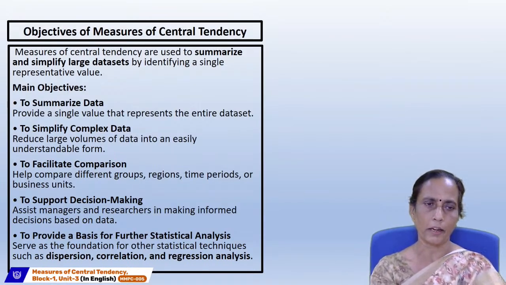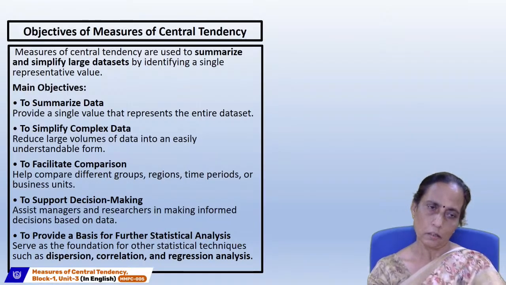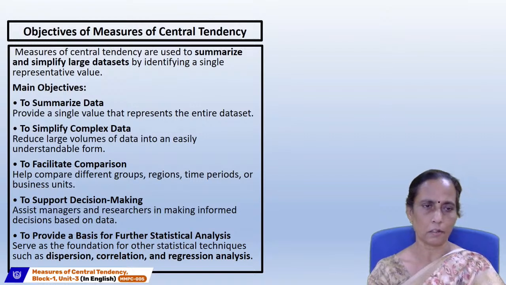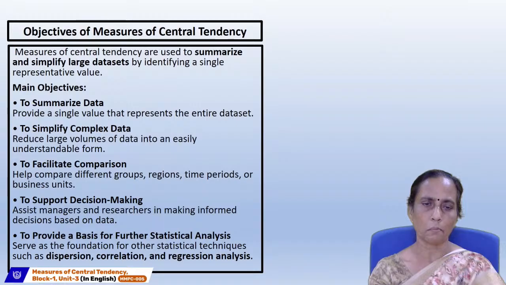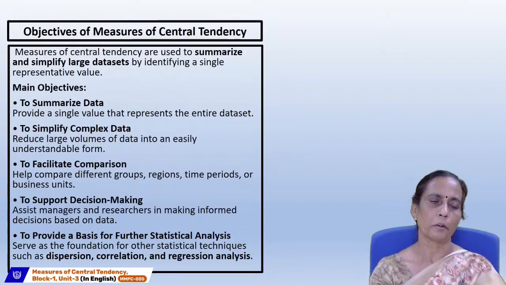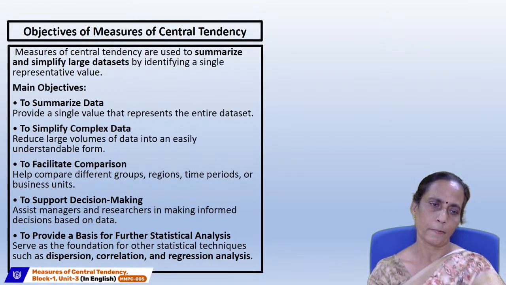That means to summarize your data, you calculate the measure of central tendency. If you have a huge volume of data, you can describe that huge volume by using a single number, by measuring the central tendency. So it simplifies your complex data.